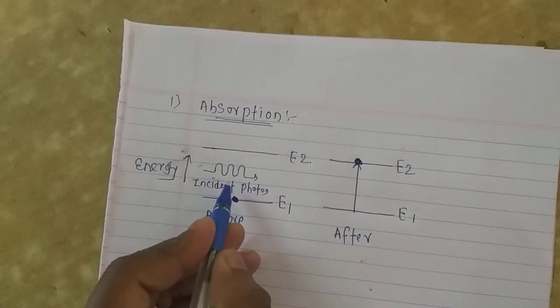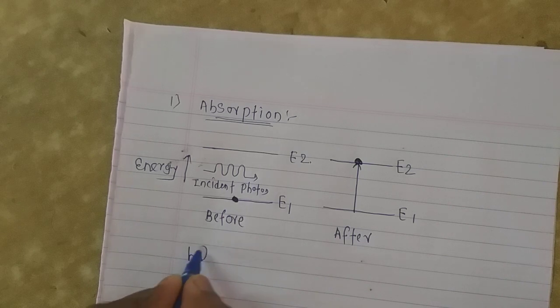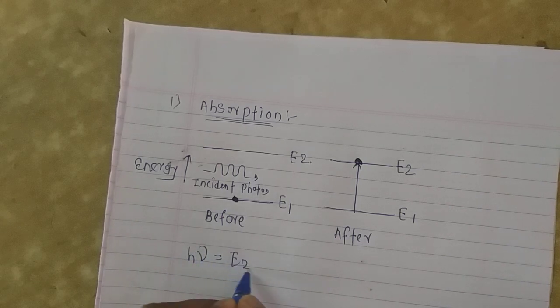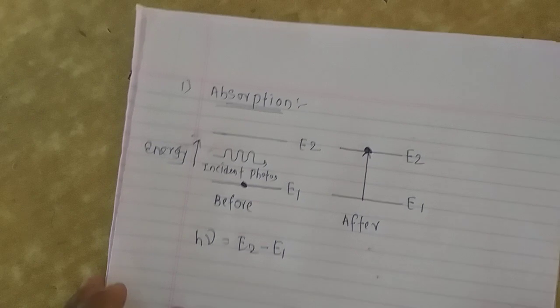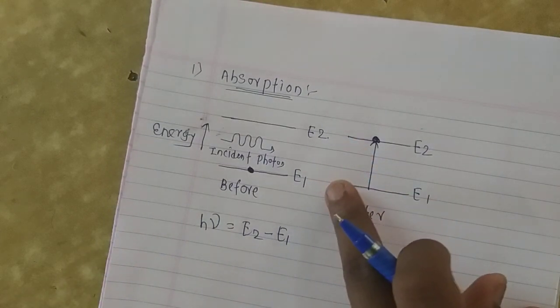The photon energy h nu is the difference between the two energy levels. h nu is equal to E2 minus E1.